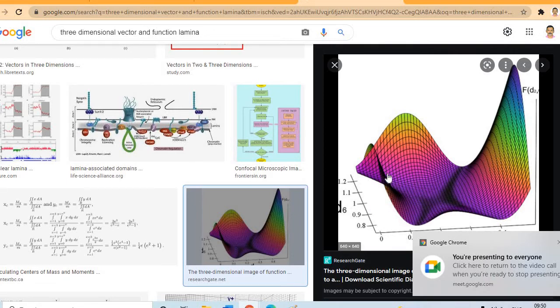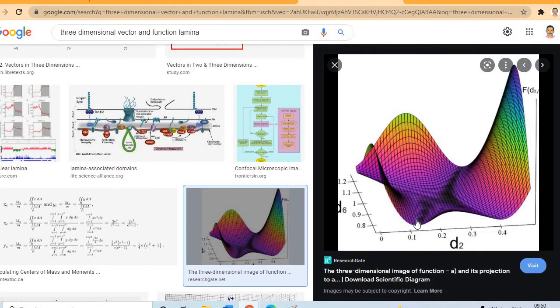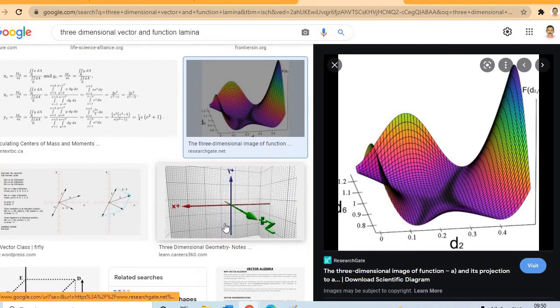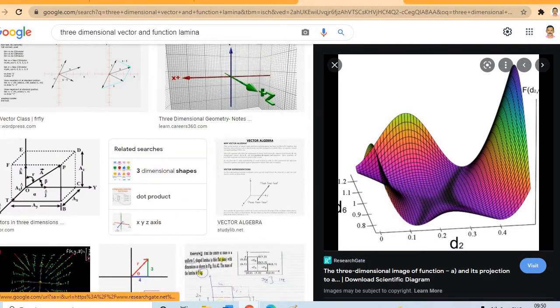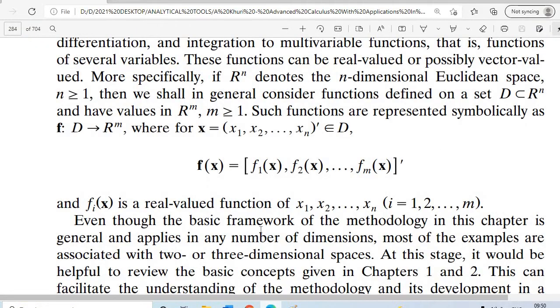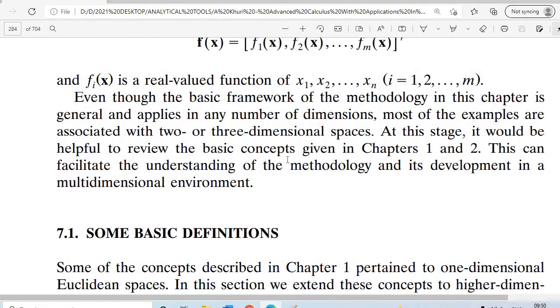Okay, sorry, domain is two-dimensional, and range is three-dimensional function. If it is a line or a plane, that will be two-dimensional. Since it is not a line or plane, this is three-dimensional. So this is an example of a multivariable function. So we are discussing this type of multivariable functions.